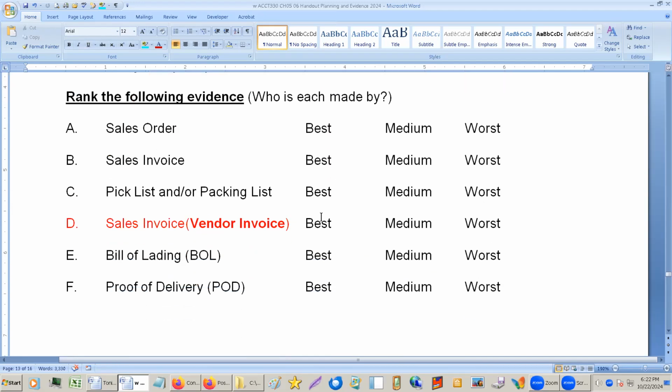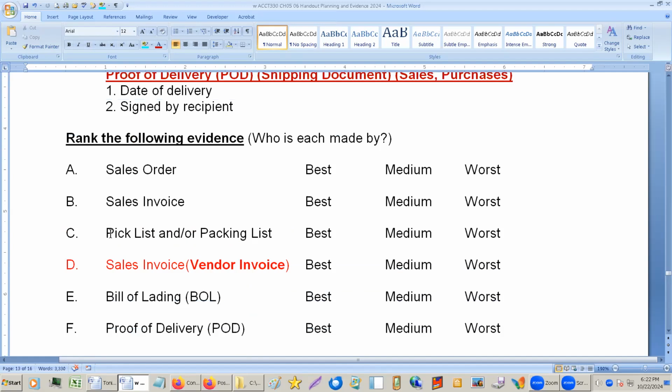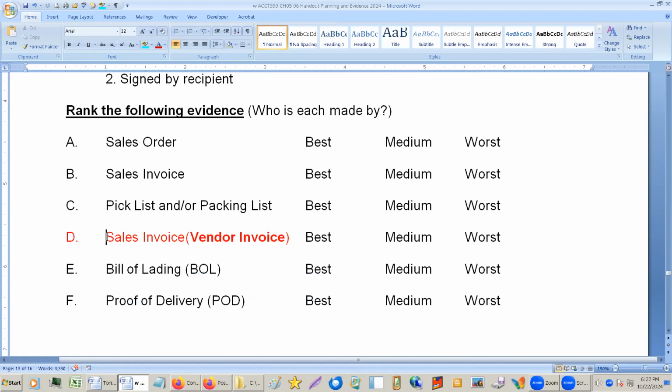Okay, I've got to change one of these. You'll notice that there are two sales invoices, A and D. Change this D to a vendor invoice.